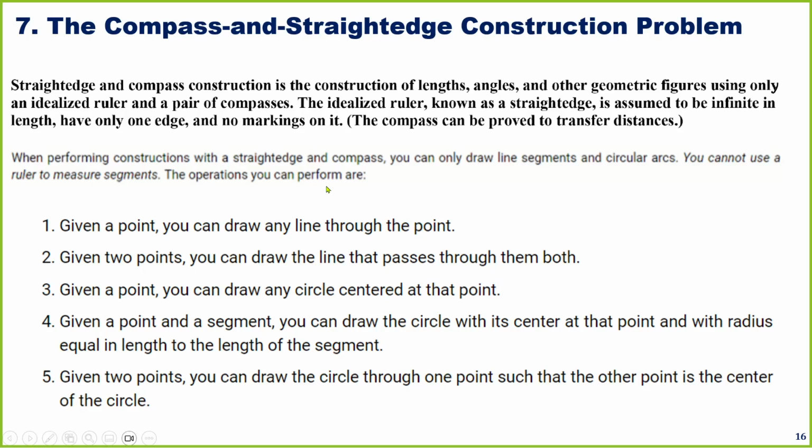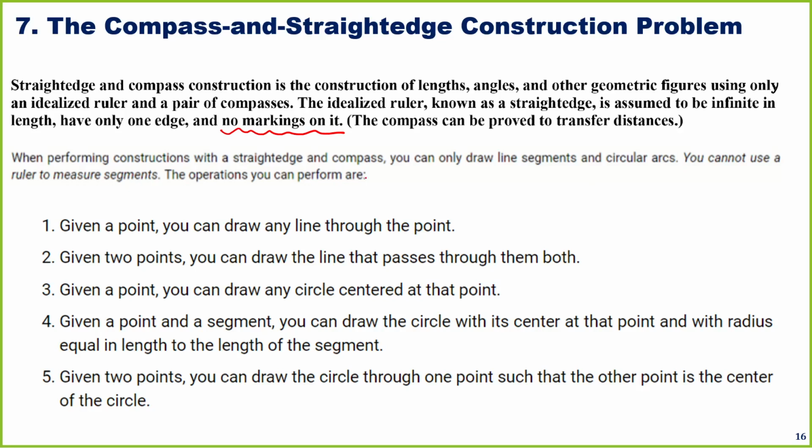The idealized ruler, such as a straightedge, is assumed to be infinite in length, have only one edge and no marking on it. Okay, so basically you cannot use it to mark things or measure lengths. The compass can be proved to transfer distances. So when performing constructions with a straightedge and compass, you can only draw line segments and circular arcs. You cannot use a ruler to measure segments.